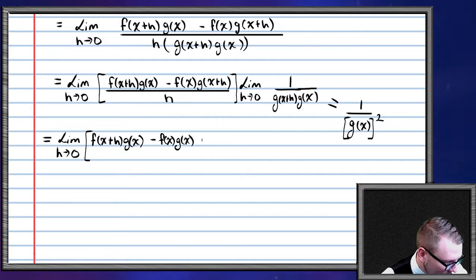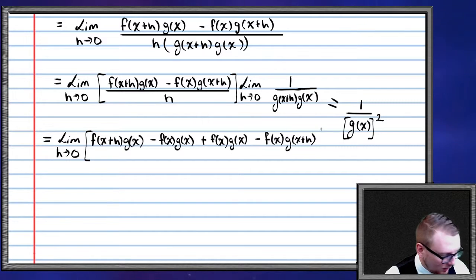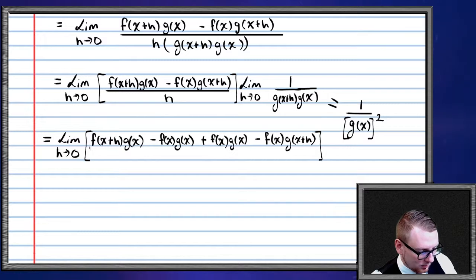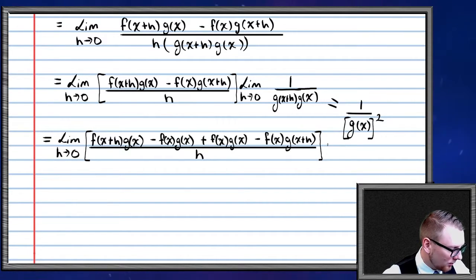Then we're going to add f of x g of x. And then we're still going to have our minus f of x, g of x plus h. And that is there. And then this is still all over h. And we still have times 1 over g of x squared.